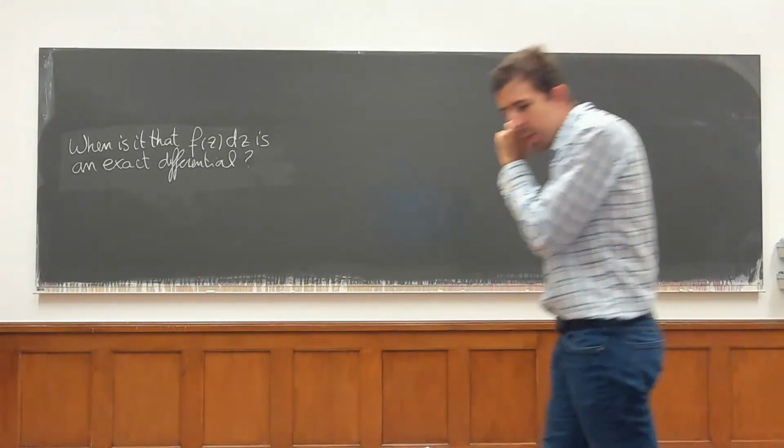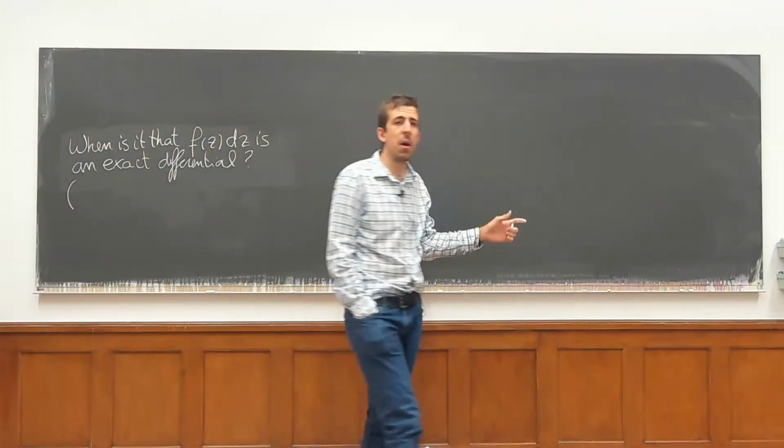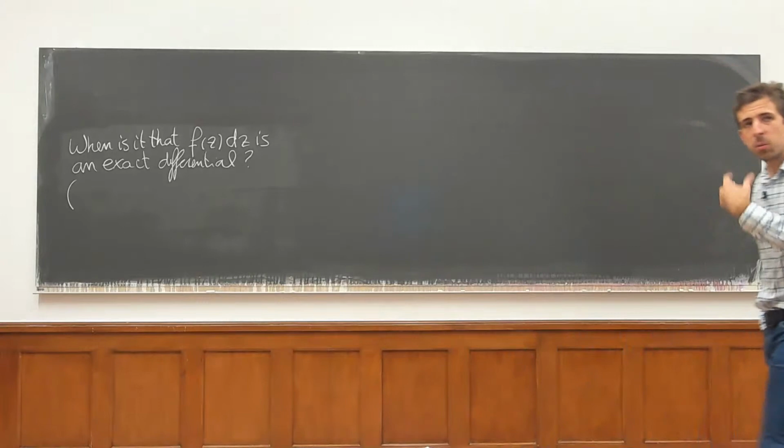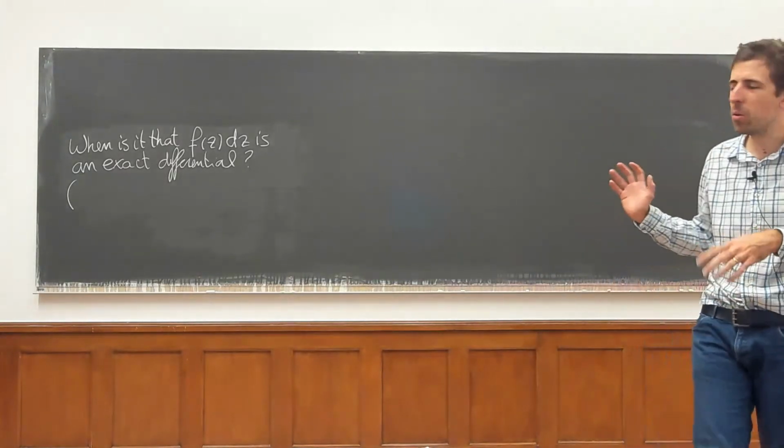What do I mean by this? I'm going to use notation in complex numbers, but then we're going to transform everything over the reals and answer this question over the reals and see what it means over the complex numbers.